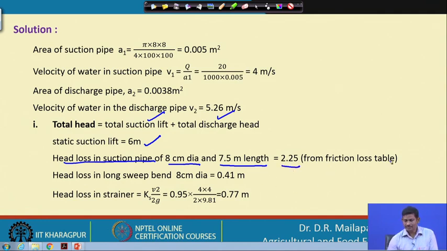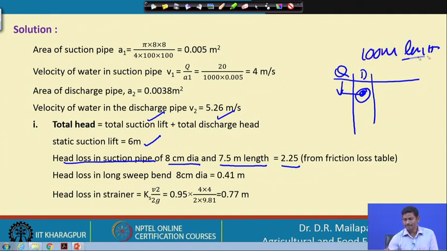From the friction loss table, I said there is a table, right. For a particular Q and a particular diameter, you get the friction head loss for 100 meter length of the pipe. So for 100 meter length you get HF, and for this 6 meter length, what would be your HF?